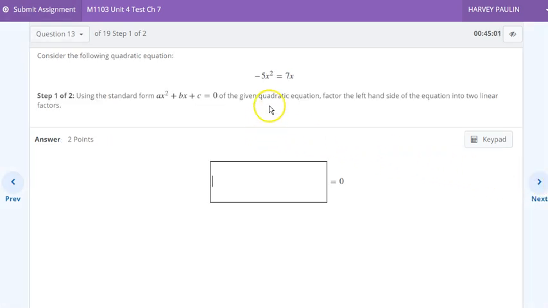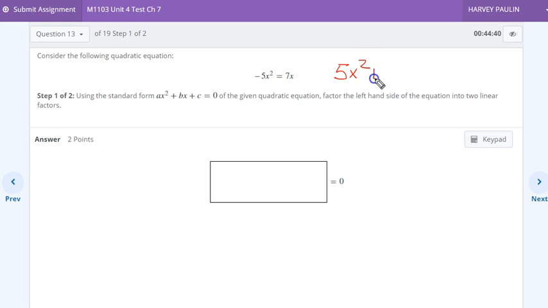So once again, this is a quadratic equation. They want us to put it in standard form first and then factor it. So I'm going to bring the negative 5x squared over to the other side as a positive.